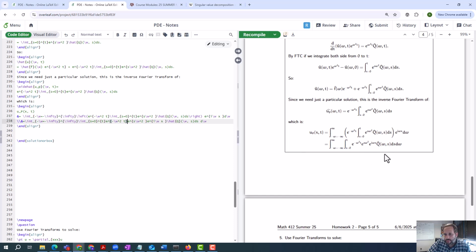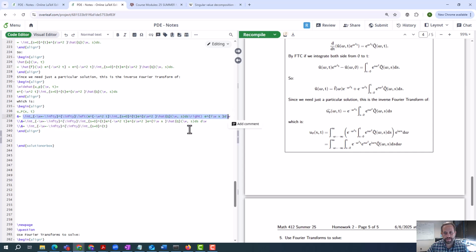Okay, notice we can just combine that all into one exponential. So we'll have these integrals like this. Stopping here is fine, but I'm going to go a few steps more to see how I can make it look.